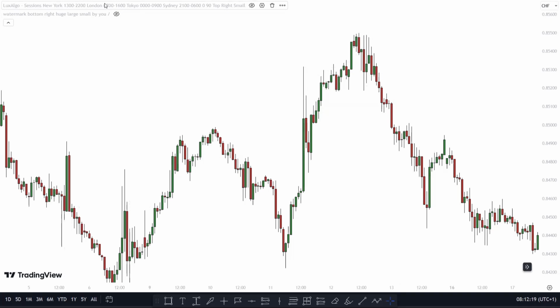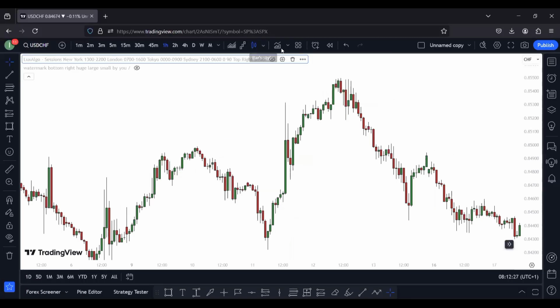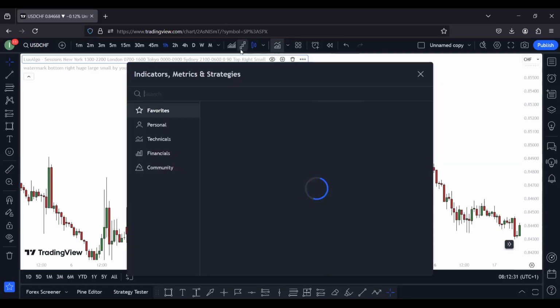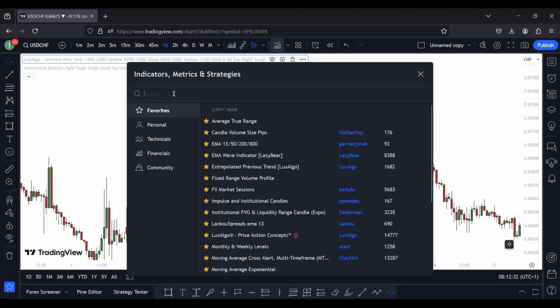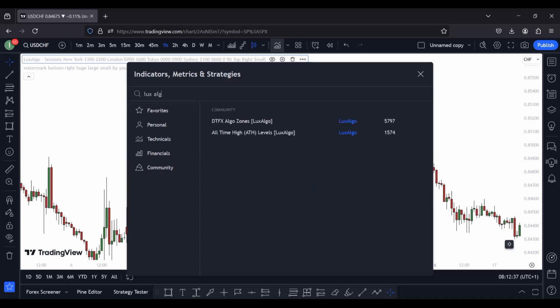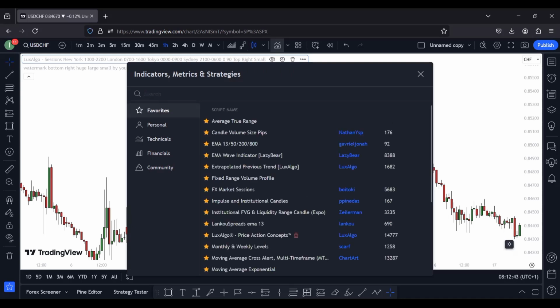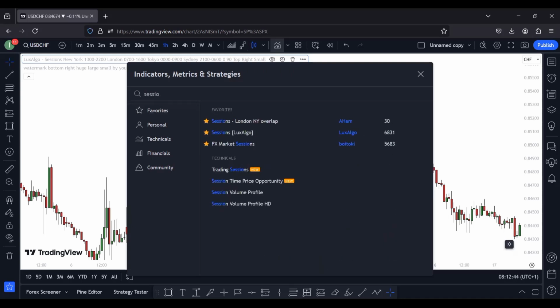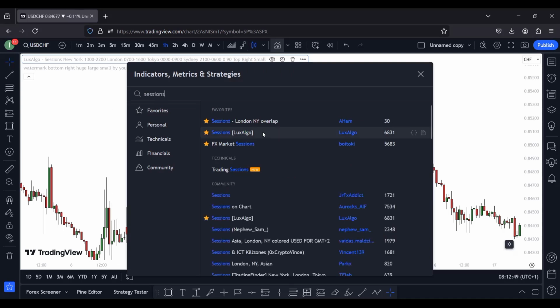You want to go to Lux Algo and find sessions. I can decide to type sessions and then I could see Lux Algo. Now this is Lux Algo sessions. Once you click on that, you are supposed to see something like this on your screen.